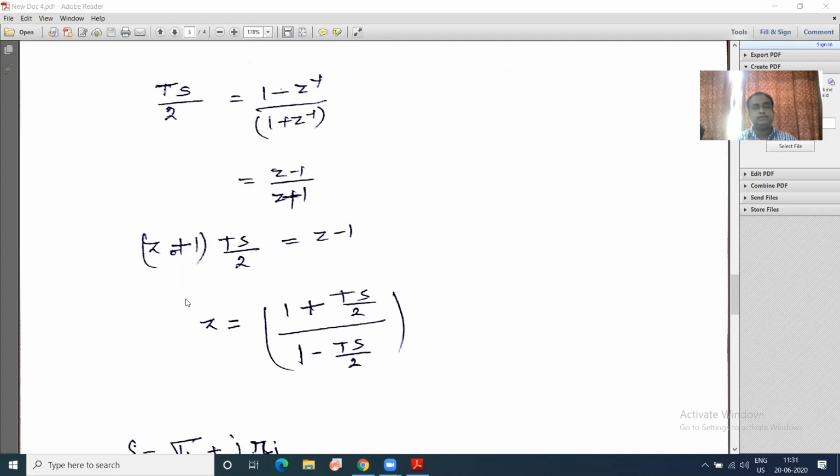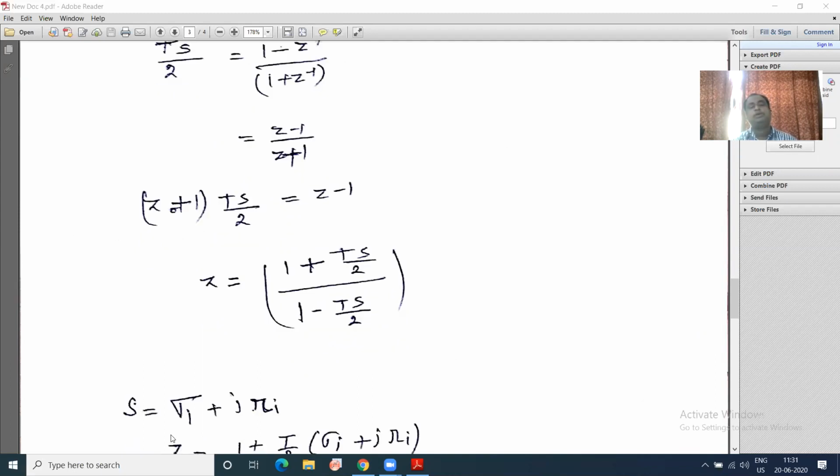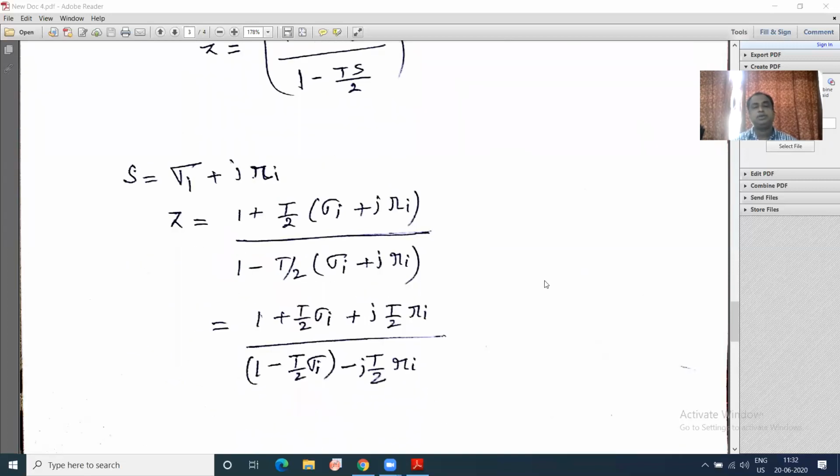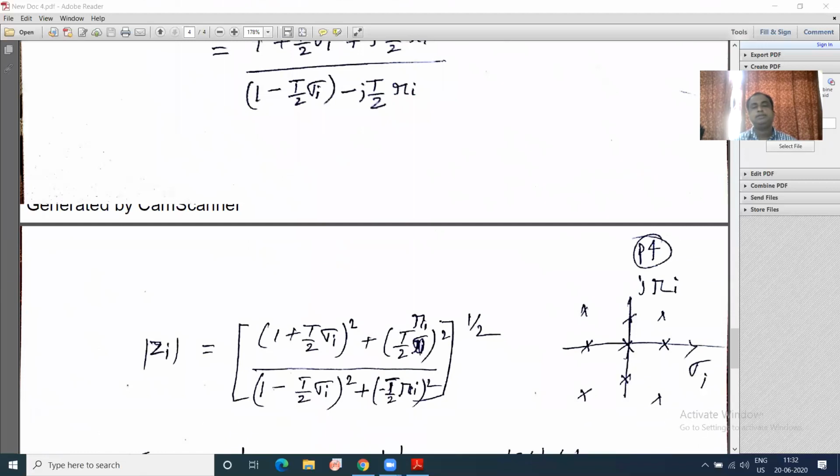All right. Now we have to look into that feature. In general, if I write an analog pole, it means sigma i plus j omega i. Because if you look at it, the S plane is something like this. This is sigma i, this is j omega i. I am writing capital omega for the analog system, small omega for the digital system. This is sigma i, the x-axis, and omega is the frequency axis.